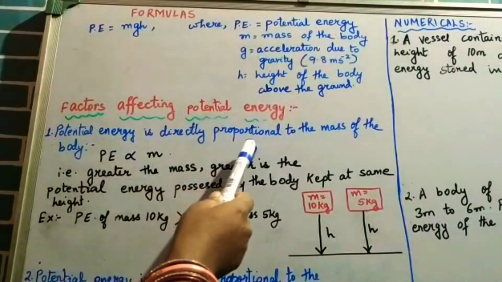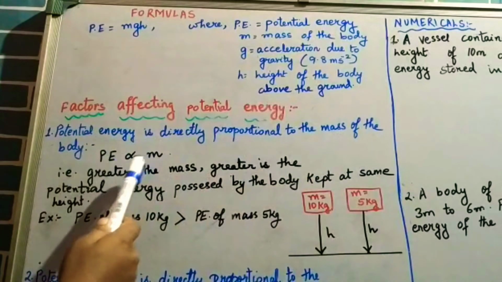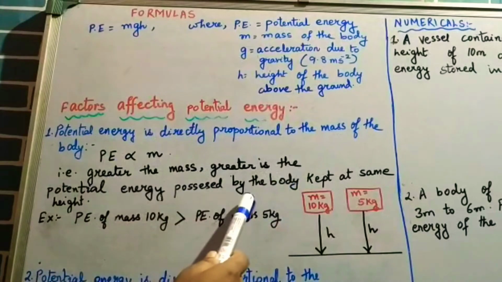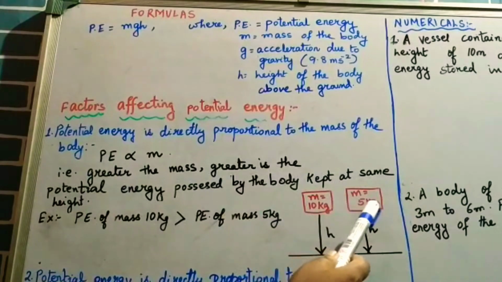Potential energy is directly proportional to the mass of the body. That is, more is the mass, greater is the potential energy possessed by the body kept at the same height. Say for example, if we keep two bodies of different masses, one of say 10 kg, another of 5 kg, at the same height h. The height above the ground for both the bodies is say h.